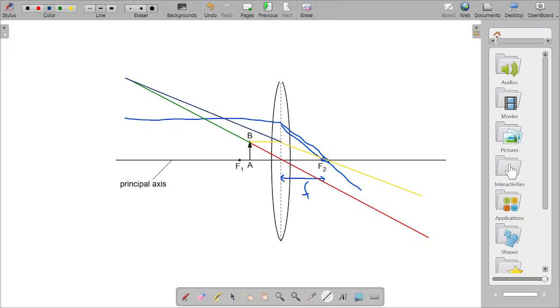If you extend these two lines back behind the object, you can see this is the point where both lines are intersecting each other. So at this position your image will be formed, and this image is called a virtual image, because this image does not form on the screen.